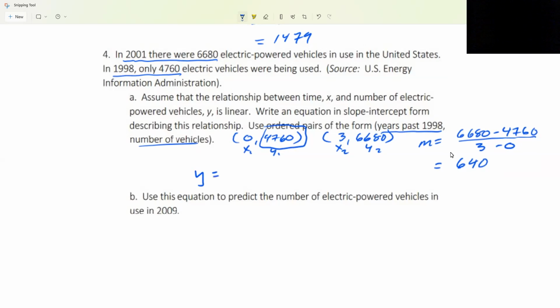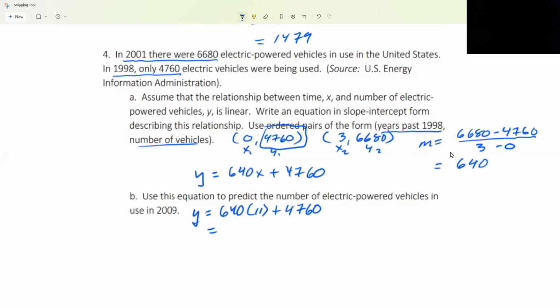So we got y is equal to 640x plus 4760. And then it says use the equation to predict the number of electric vehicles in 2009. Well, 2009 is going to be 11 years down the line. So y is equal to 640 times 11 plus 4760.